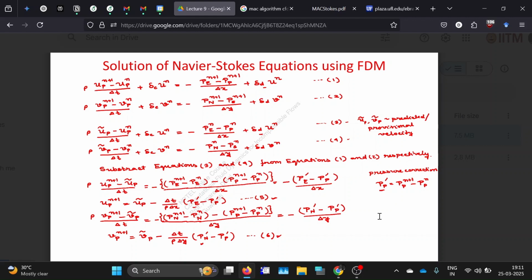Maybe 80% use the finite volume method, and maybe the rest use the finite element method. We learn finite difference because it's easy to dip our toes into computational fluid mechanics.